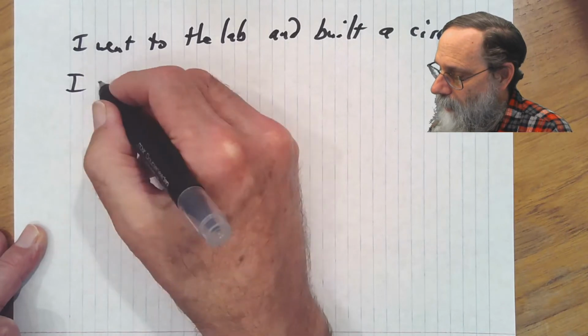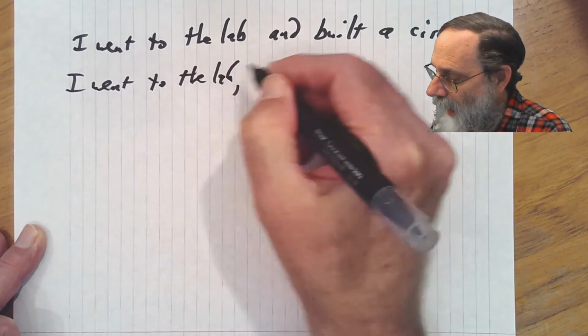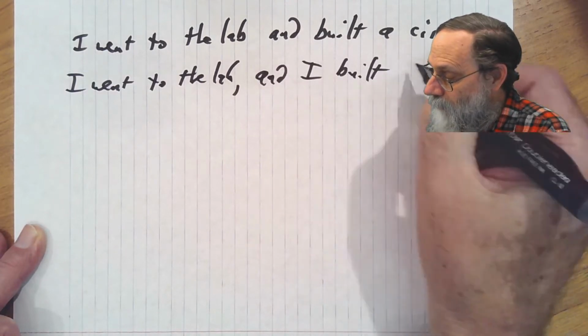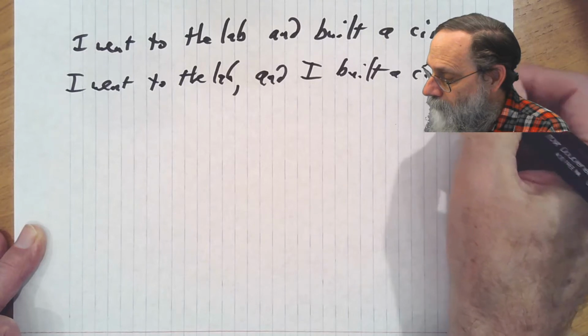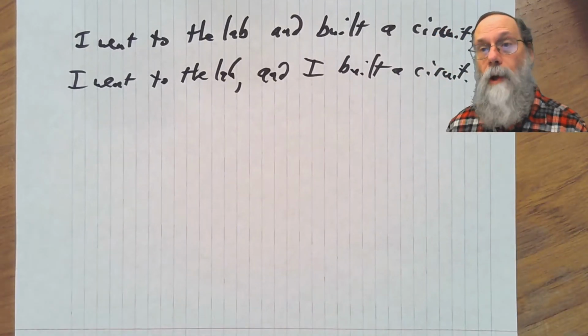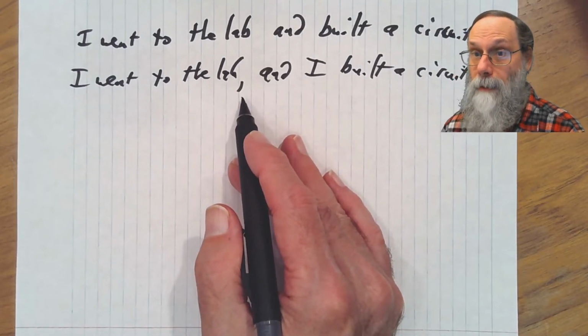If it's I went to the lab and I built a circuit, each one of these is independently a full sentence, and so when you join them with the and, you put a comma.